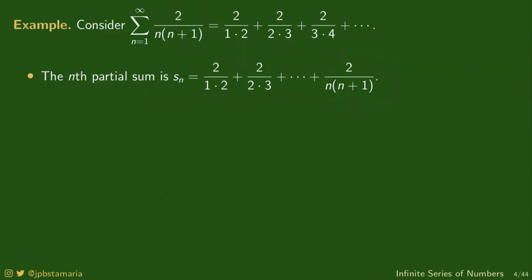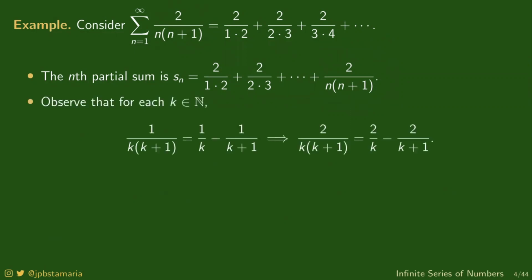How would you know? You wouldn't know in this form because you have dot dot dot. It's written in a not so nice way. But somehow, we can make use of the following identity. For an integer k, 1 over k times k plus 1 can be decomposed as a sum of two fractions like this.